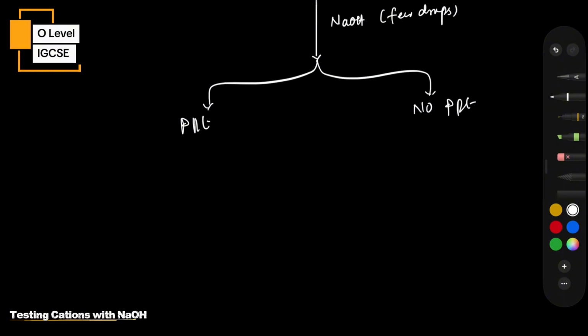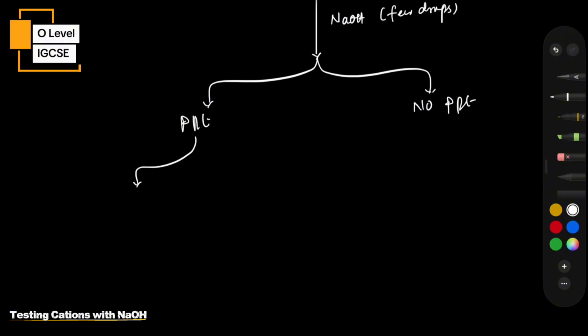In case of a precipitate, we are going to check further what the color of the precipitate is. The precipitate may be colored or may be white.